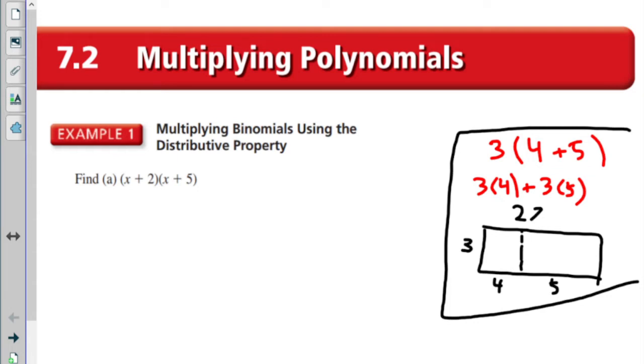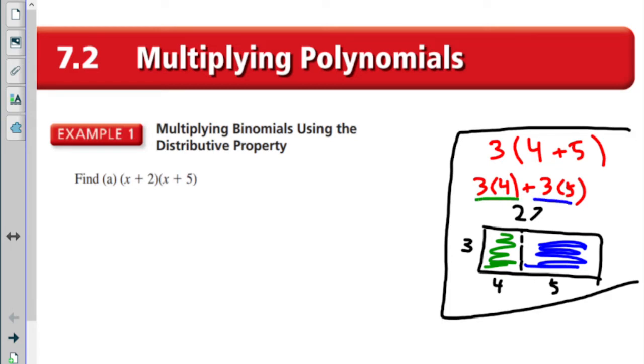Or you could also find this area by saying, well, I have this small rectangle in green, and then I have this other rectangle in blue, and I can take that green area and blue area and add them together. That'll give me the entire area. And that's what distributing says, because here is how I would find my green area.